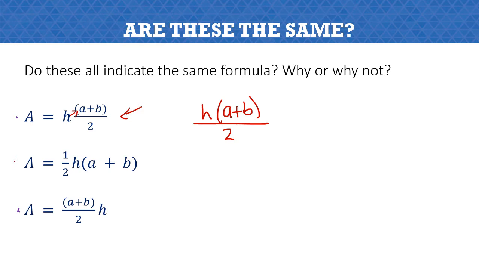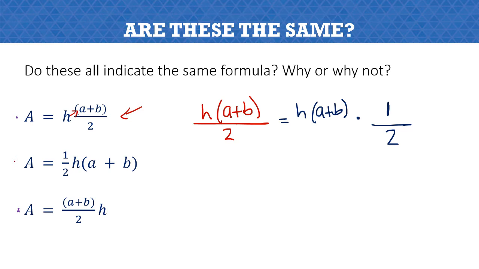If we wanted to separate this, so the numerator up here was not a part of the fraction, what we would have is h times a plus b times something over 2. Now, in order to not change the whole problem, that numerator would just have to be 1.